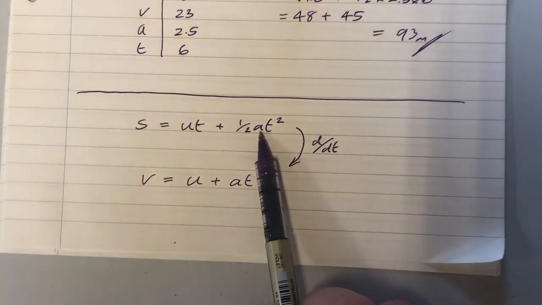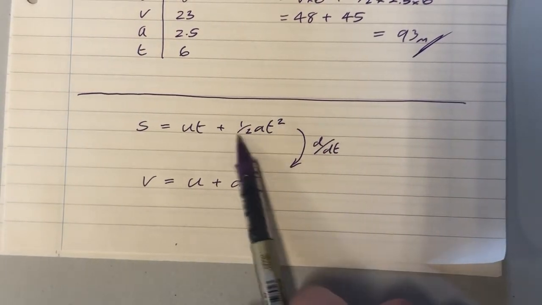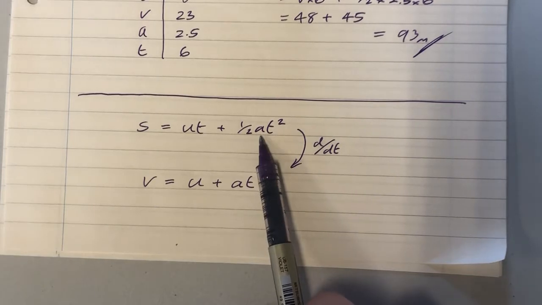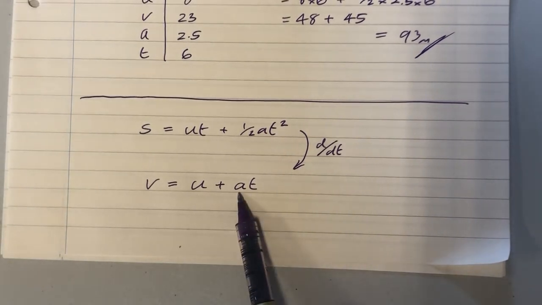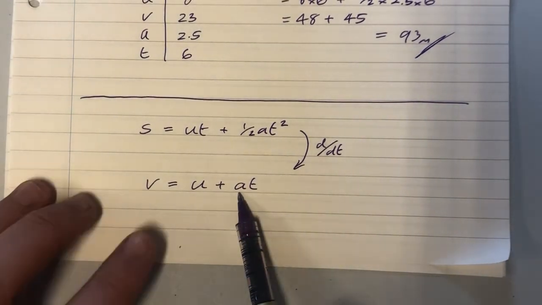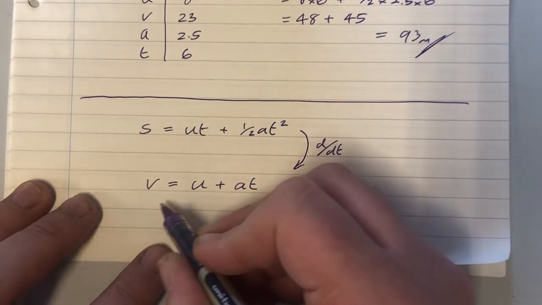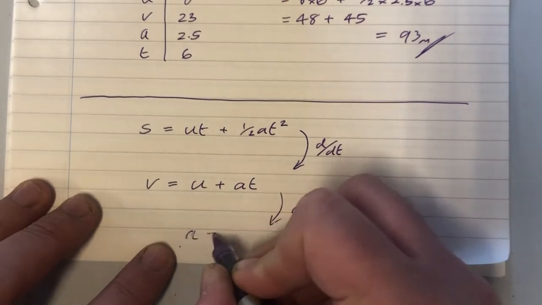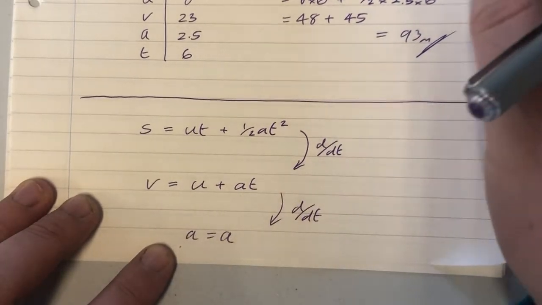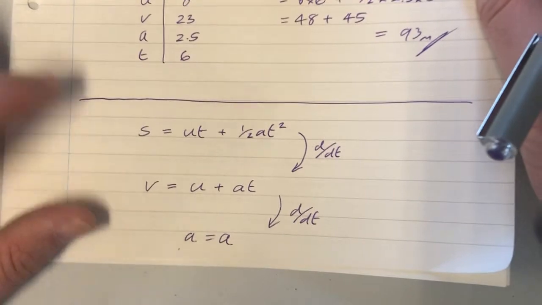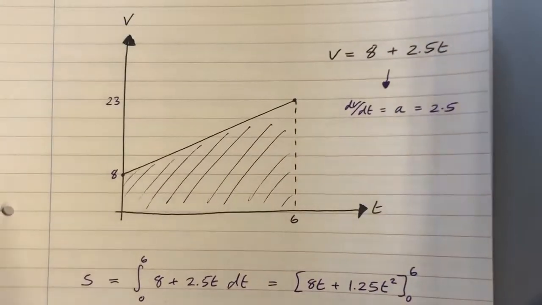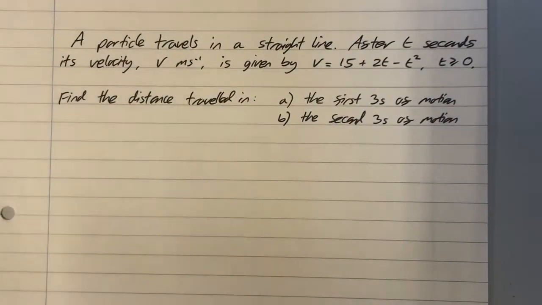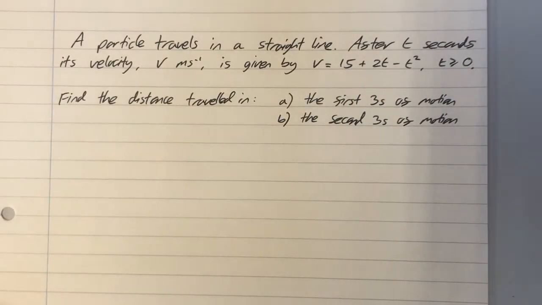If the acceleration is a function of time, then that term there wouldn't differentiate to this. It's only the fact that a is constant that this works. Differentiate again, d by dt, and we'll get that a is equal to a. Obviously, acceleration is acceleration. So it works in this case only because the acceleration is constant. It will not work in my next example because in my next example the acceleration is not constant.